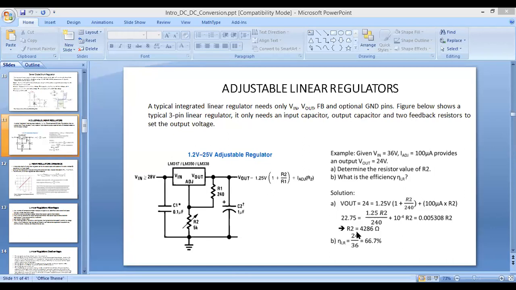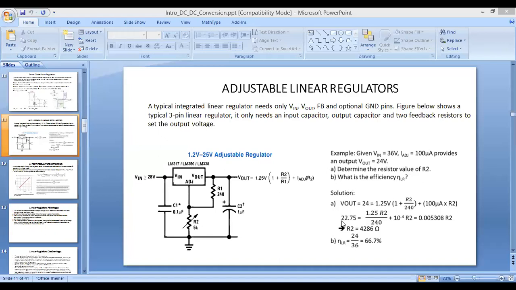So here you can see when we are supposed to find the value for the output voltage, at that time we can put these values which we have here. Now, what we can do here? Just wait for it.